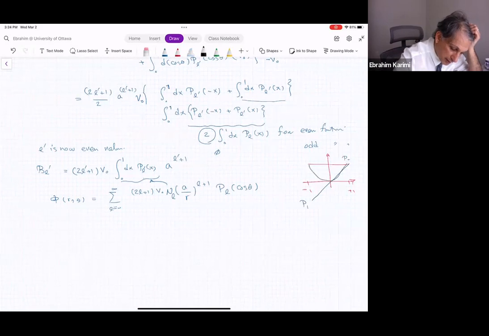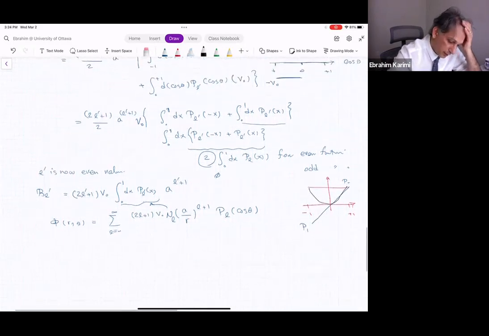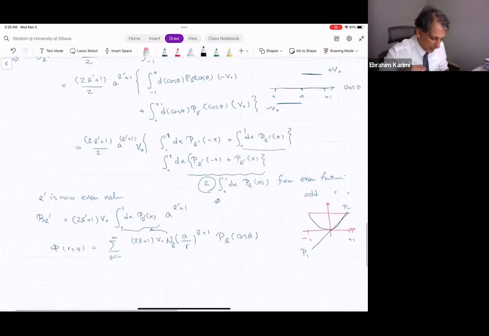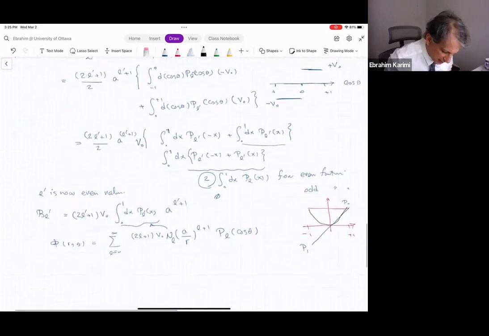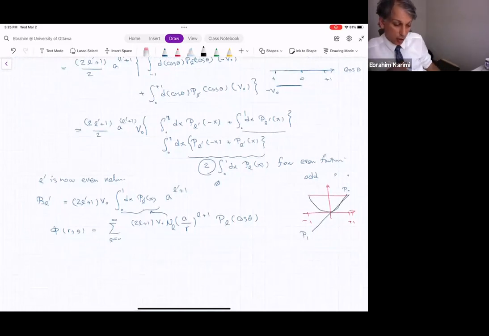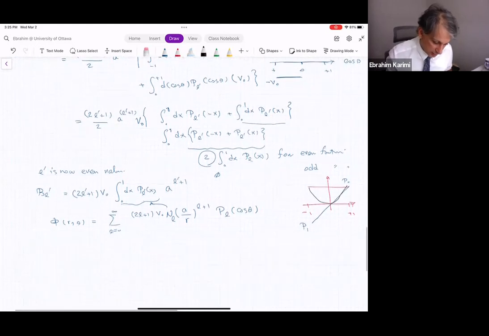P2 will be like that. And minus x will be identical to x. Okay, double check if maybe I have made a minus sign mistake. I feel that there's a minus sign mistake somewhere. Maybe odd values will remain, and even values will cancel out each other. But it's based on the symmetry that you have to look for, looking for the odd and even function.